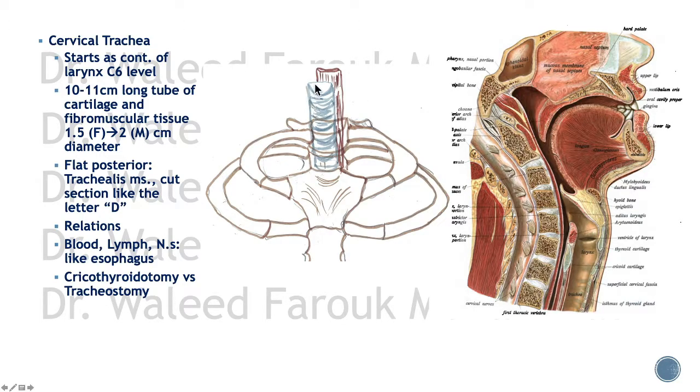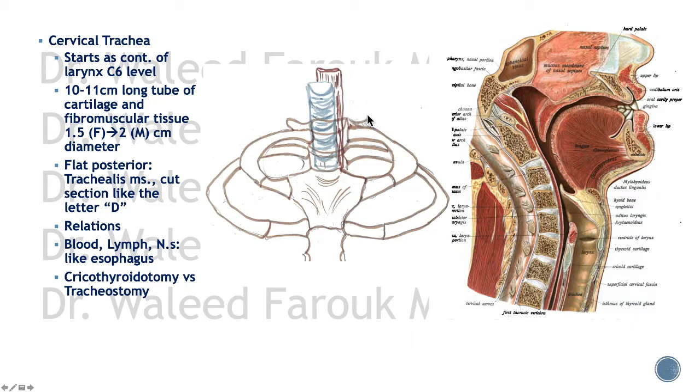And remember that it's not a complete circle in cut section. It's rather C-shaped, and the posterior part, which is flat, is formed by the trachealis muscle, which is a smooth muscle responsible for the spasm of the trachea. Remember, the cut section of the trachea is like a capital D. Okay.